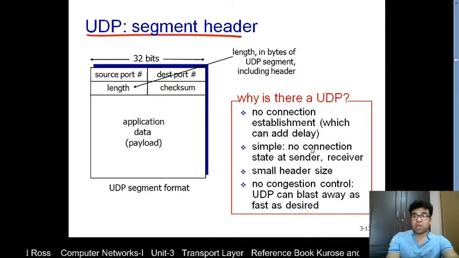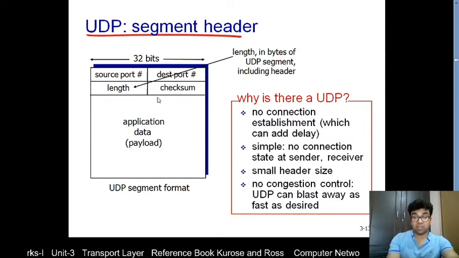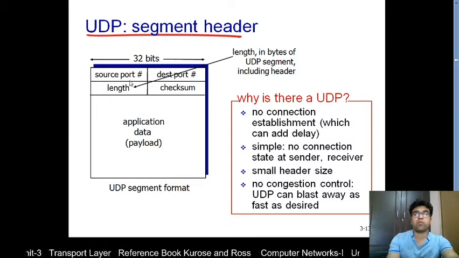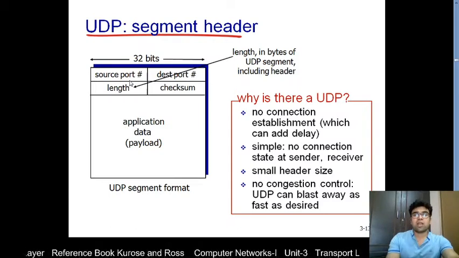And one of the biggest things is the small header size. You can see in the UDP header you have only 4 fields, a fixed length header of 8 bytes only. So it reduces the overhead of the protocol. That's why it gives you fast communication as required by the application.